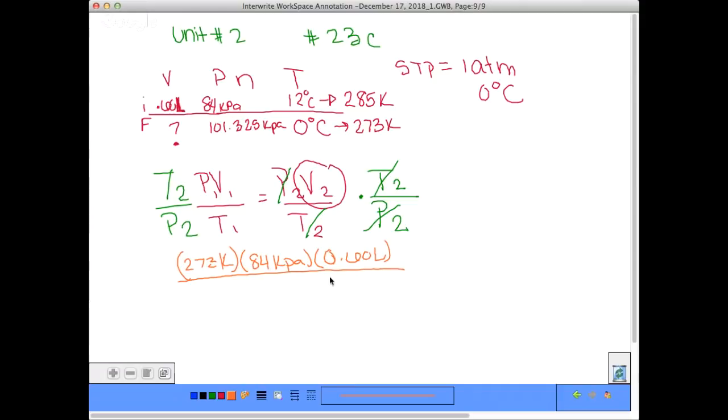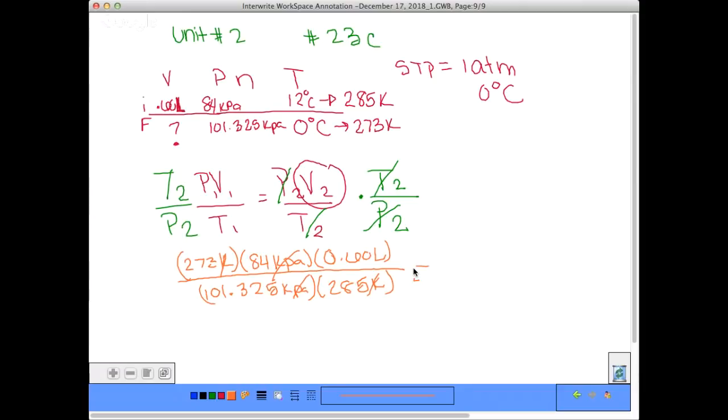And then we're going to divide that by my second pressure, which is 101.325 kilopascals, times 285 kelvins. So units cancel out, units cancel out. I'm left with liters, which is correct, because I'm trying to find my final liters.